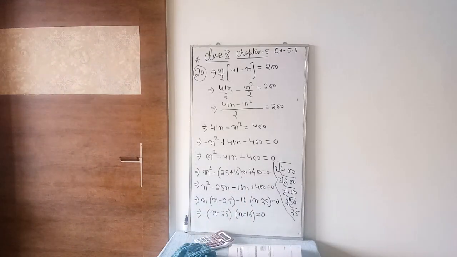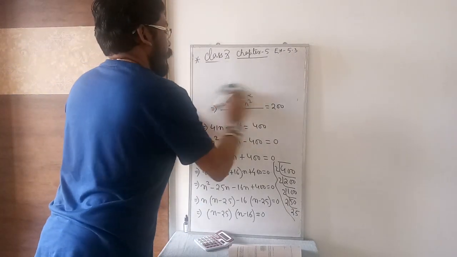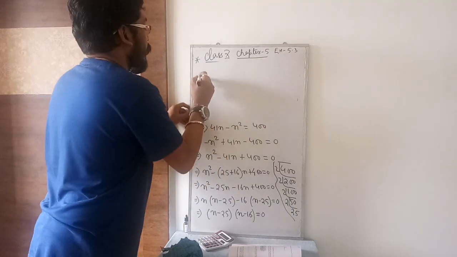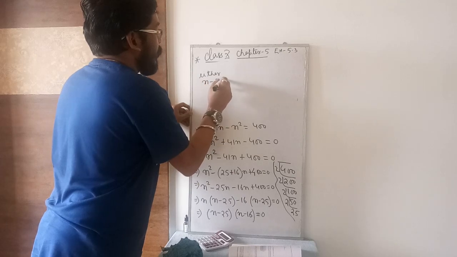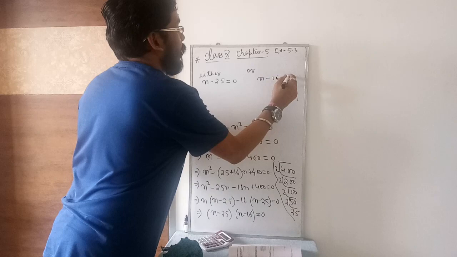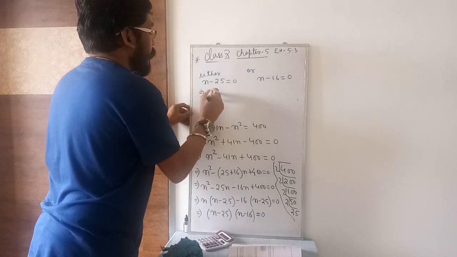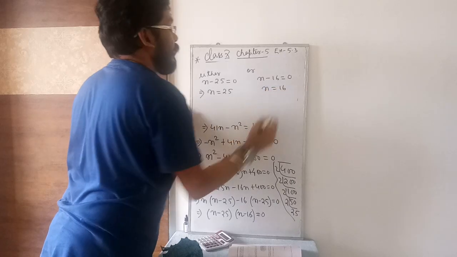Take the screenshot properly. So either n minus 25 equal to 0 or n minus 16 equal to 0. So here n equal to 25, n equal to 16.